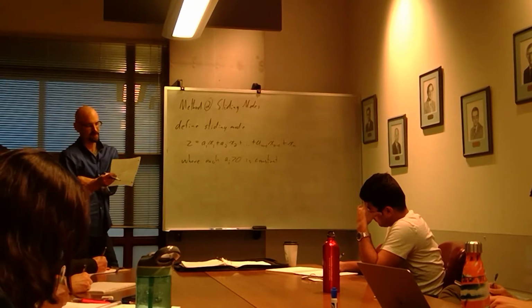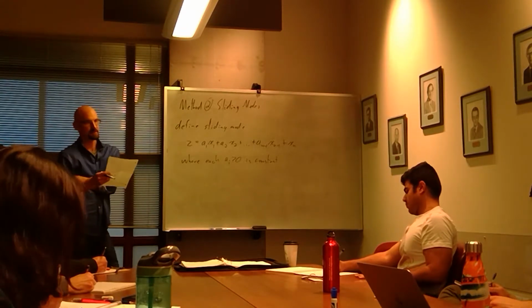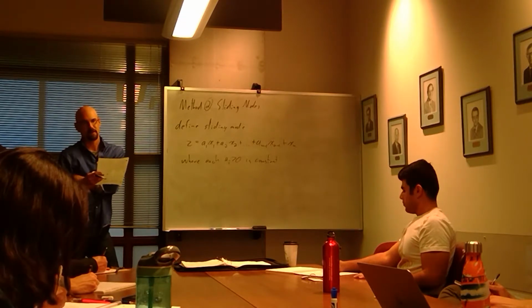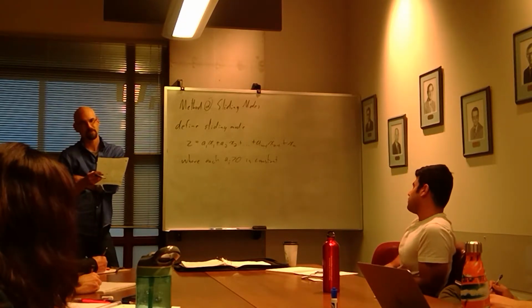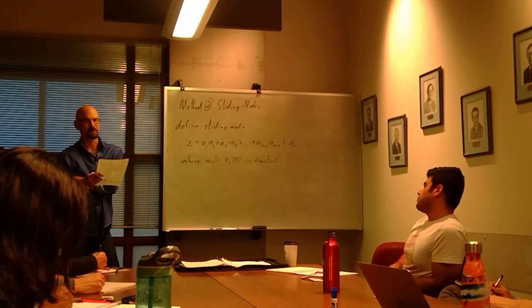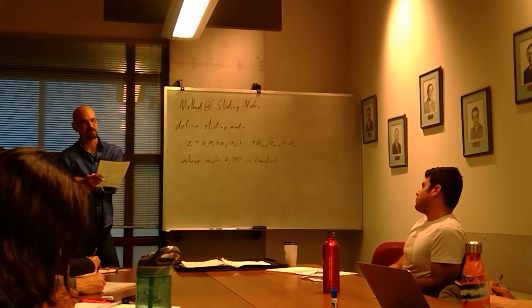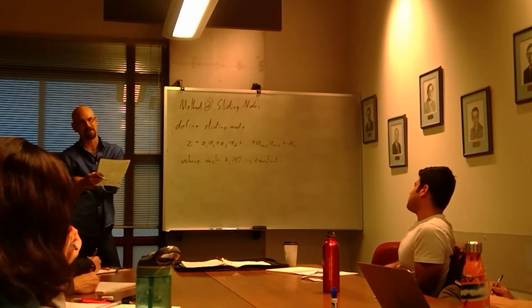The idea here is if we define the sliding mode, we can just force Z to 0. That's all we have to worry about, forcing Z to 0. We don't have to worry about forcing each one of these individual states to 0.